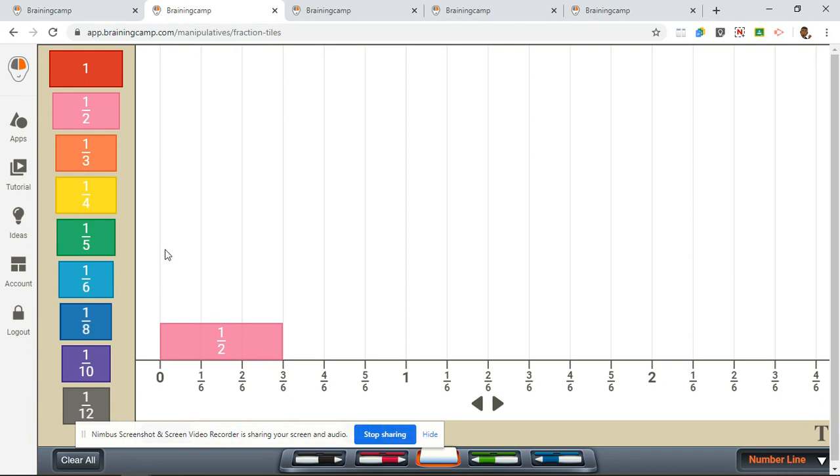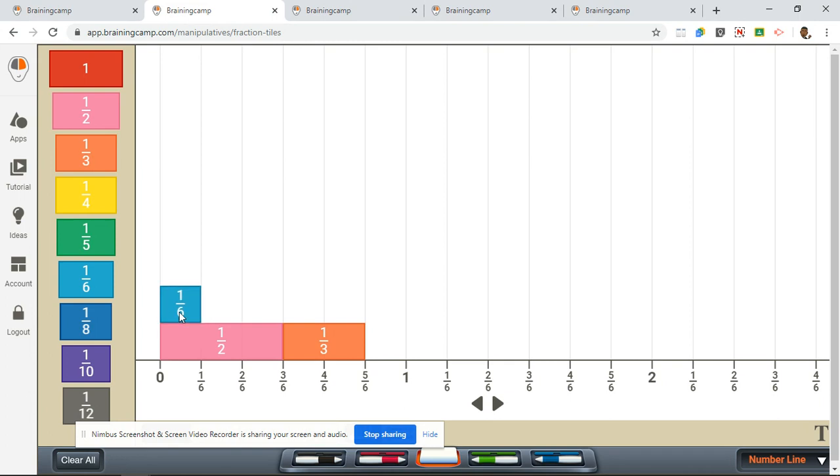If I add another fraction tile of a third, look to see where it ends. So these two together will give me 5/6. And that's our answer that we had there. Another great way of thinking about that is if these two fraction tiles together will give me 5/6, if I bring out my sixths, and that's 1/6 there.